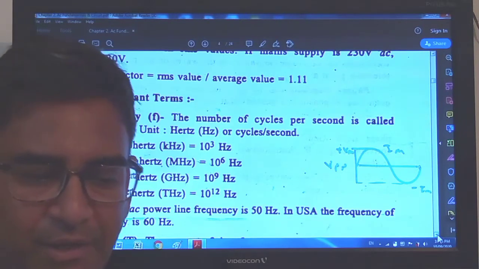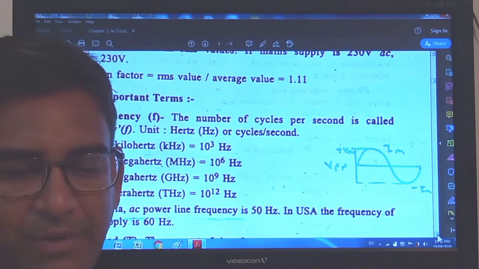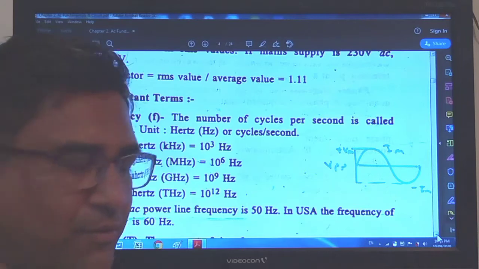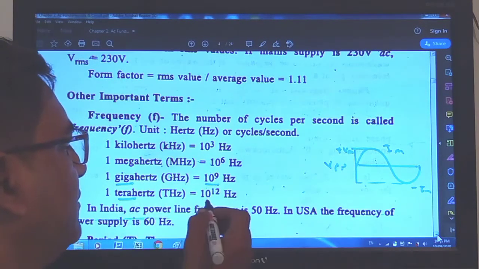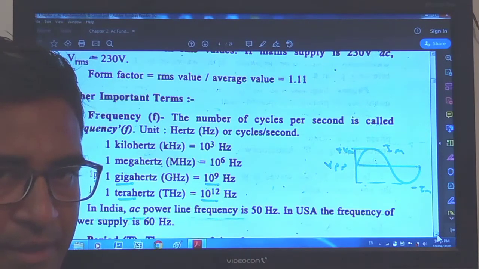And 1 terahertz is 10 to the power 12 hertz.